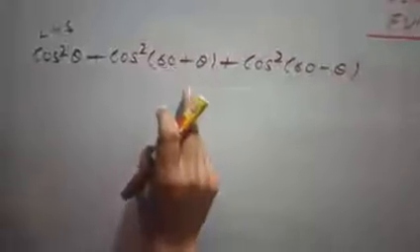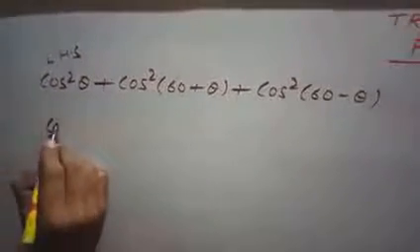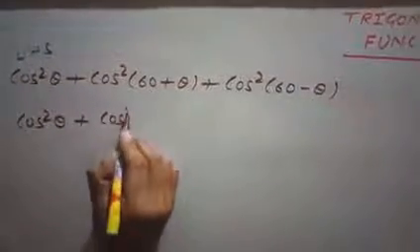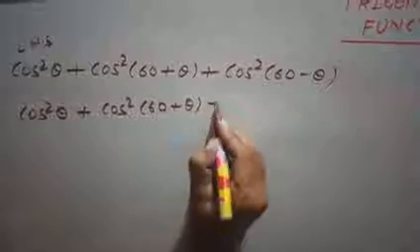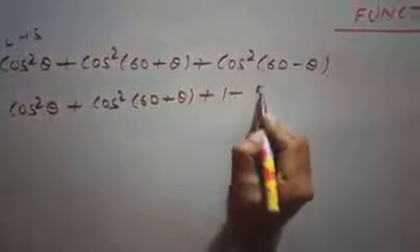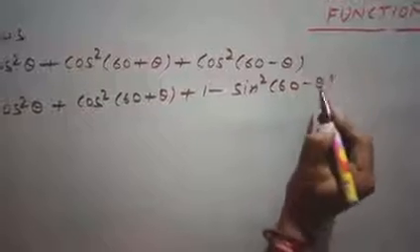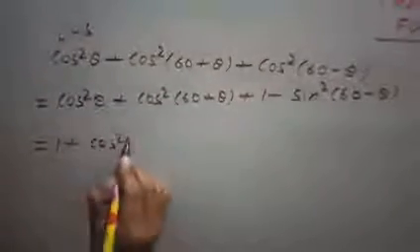Cos square theta plus cos square(60 plus theta) plus cos square(60 minus theta), we have to prove 3 by 2. So here what can we do? Here cos square theta as it is, we have to note it down, and here cos square(60 plus theta) same, we'll note it down, and here we can write 1 minus sine square(60 minus theta). So this one we can write here 1 plus cos square theta.